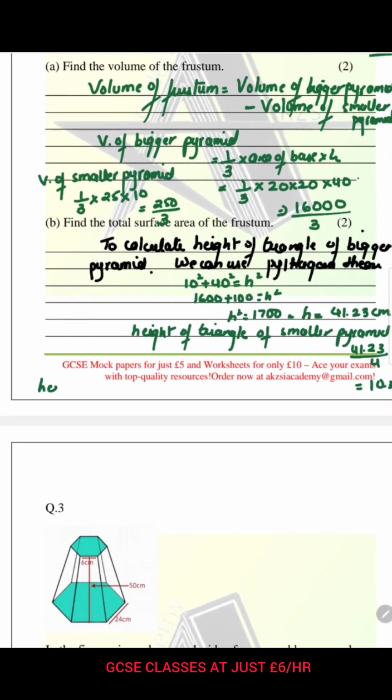So the height of the trapezium of the frustum is 41.23 minus 10.31. So this will give me 30.92. I just need to subtract.